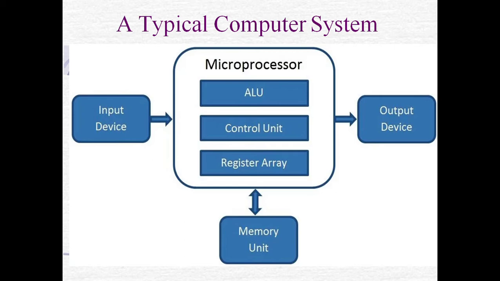If we compare this typical computer system with a mobile phone, then in a mobile phone, the touch screen or the keypad or the mic are the input devices, and inside the mobile phone there is an arithmetic and logic unit, control unit, and register array, and the output device is the screen where we can see the output, and the speaker, for example, is an output device, and inside the mobile phone there is a memory as well.